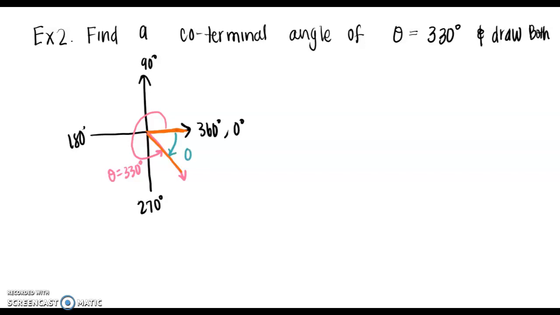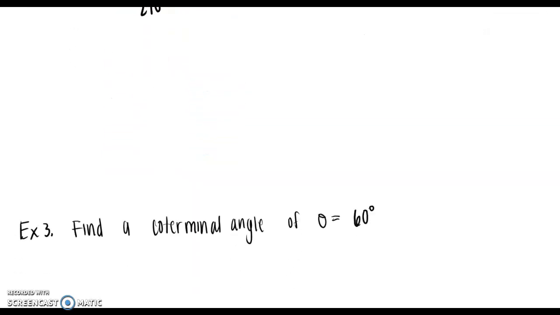And that one is going to be, if you look at the graph, theta is equal to negative 30 degrees. Because when you add these up, you get 360 if they're both positive. So that's one way to do it, is the drawing. The other way to do it is algebraically, which I prefer.